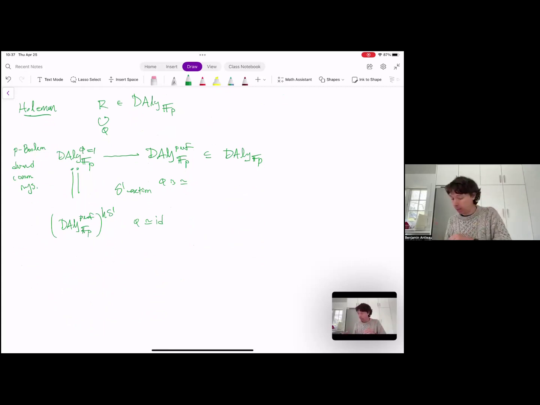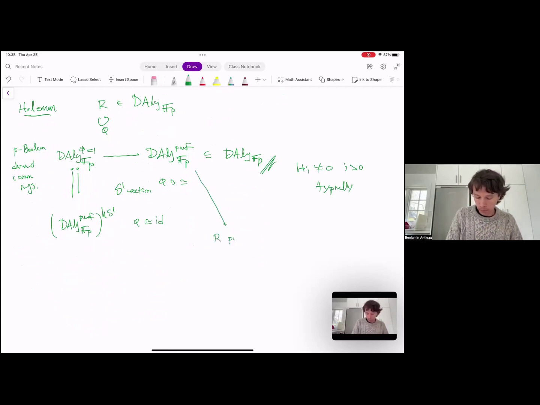And so this is just some algebraic category. Let me just note that a priori objects here typically have higher homotopy, but any perfect one has higher homotopy groups equal to 0. It just turns out that Frobenius acts nilpotently on the higher homotopy groups of a derived commutative F_p algebra, so that when you perfect, everything goes away.